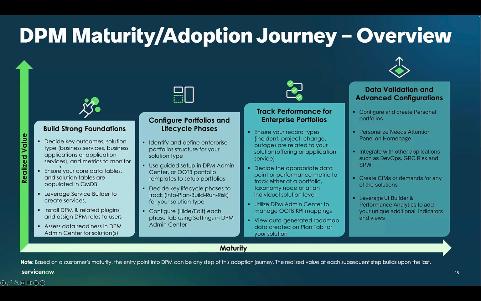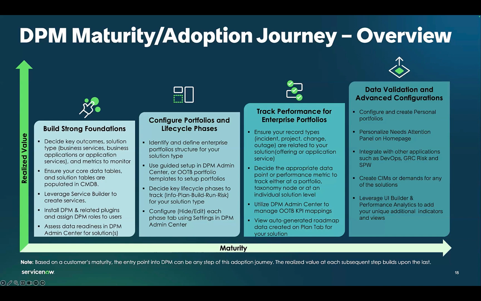If you have the correct data relationships built out, that is basically 50% of the battle won. With a strong data foundation and those data relationships in place, there is not a lot of configuration or application setting to do in DPM. Most of it is pretty configurable, and you can do it very easily using the DPM Admin Center.